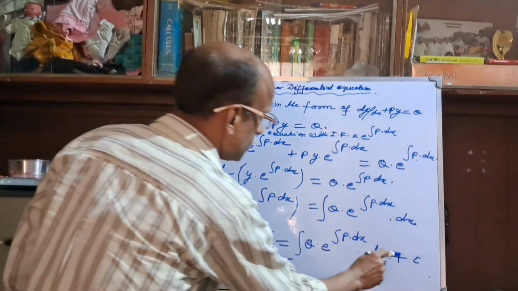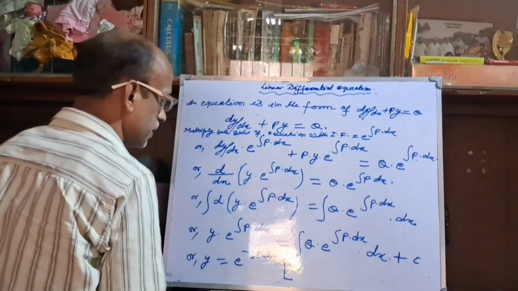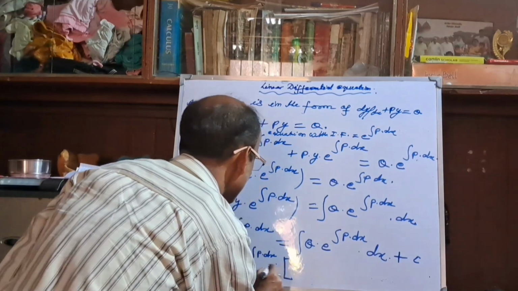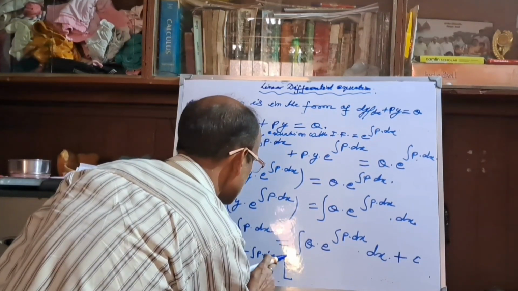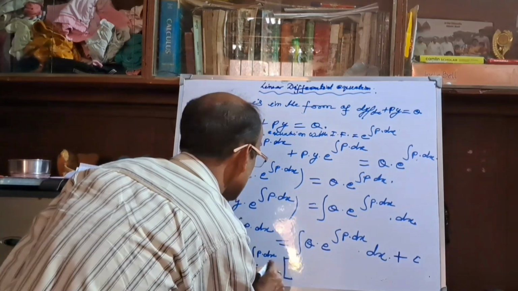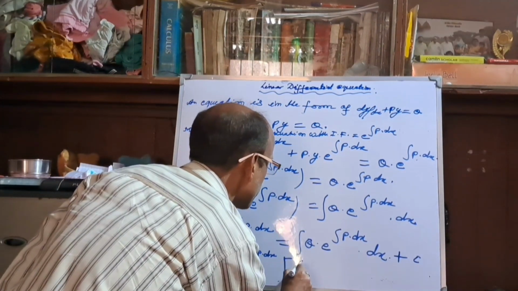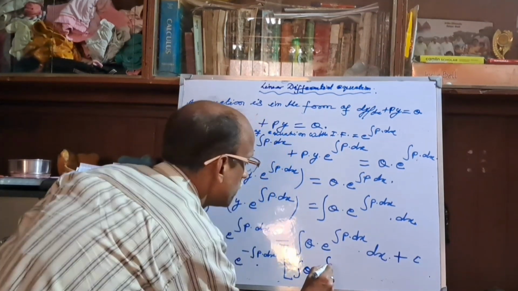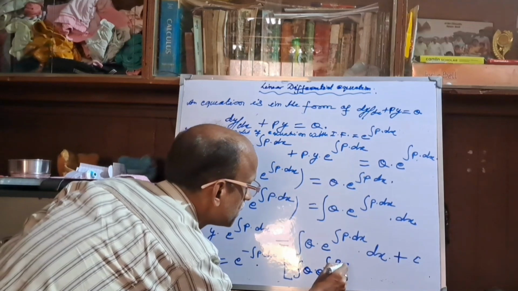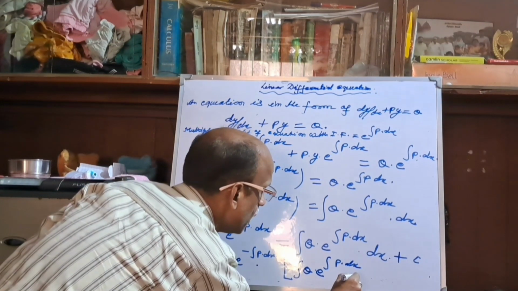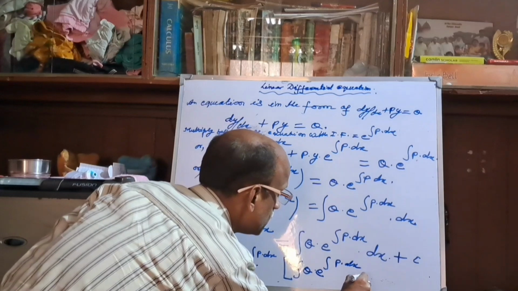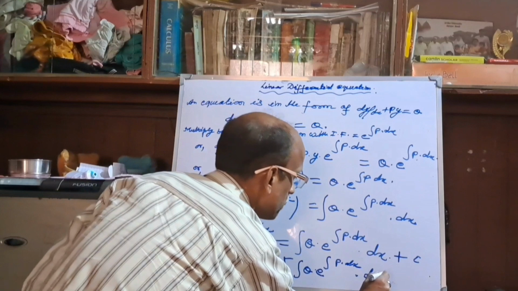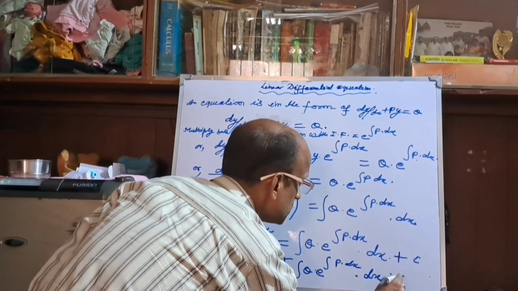So it becomes the integral of q e to the power integral of p dx dx, the integration of the entire function, plus c.